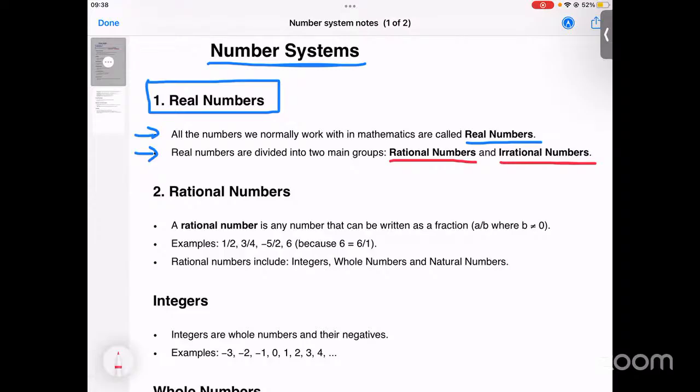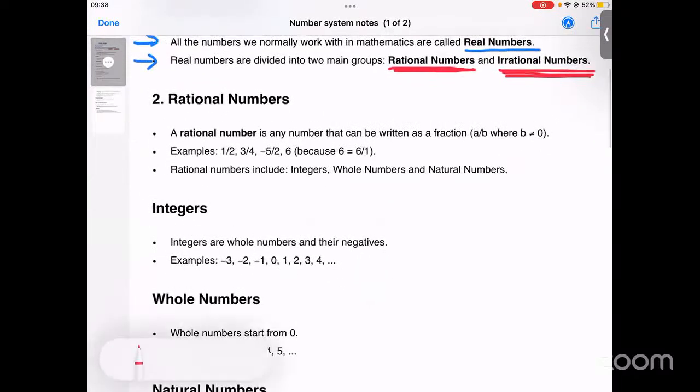As we continue, I will separate the rational numbers and the irrational numbers in the notes so that you are aware what falls under rational numbers and what falls under irrational numbers. So now let's jump on to number 2, whereby we are going to be talking about these two main groups, starting with the rational numbers.